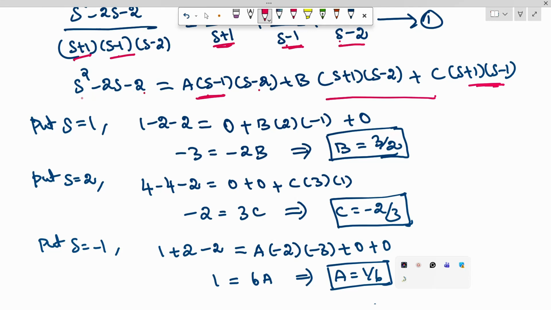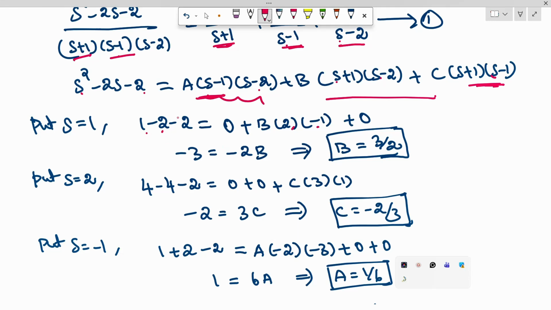Substitute s is equal to 1, which is 1 minus 2 into 1, minus 2, equal to: first term value is 0, because s is equal to 1, 1 minus 1 is 0, plus b into 1 plus 1, 2, 1 minus 2 will be minus 1, plus in the third term, if you put s is equal to 1, 1 minus 1 is 0, plus 0.